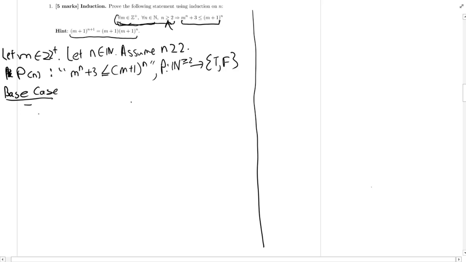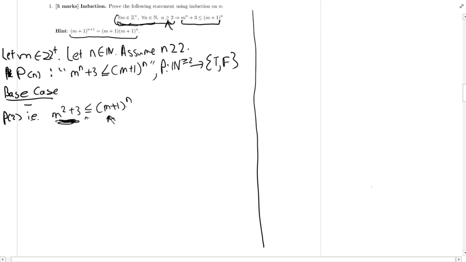We want to prove P of 2, and that's because we're assuming that n is going to be larger than or equal to 2. Let's write out what this means according to our predicate: m times 2 plus 3 is smaller than or equal to (m plus 1) to the 2. To prove this, we take a moment to look at it. We want to show that this part is smaller than or equal to this other part. We can't really do anything with this part, but we can expand this.